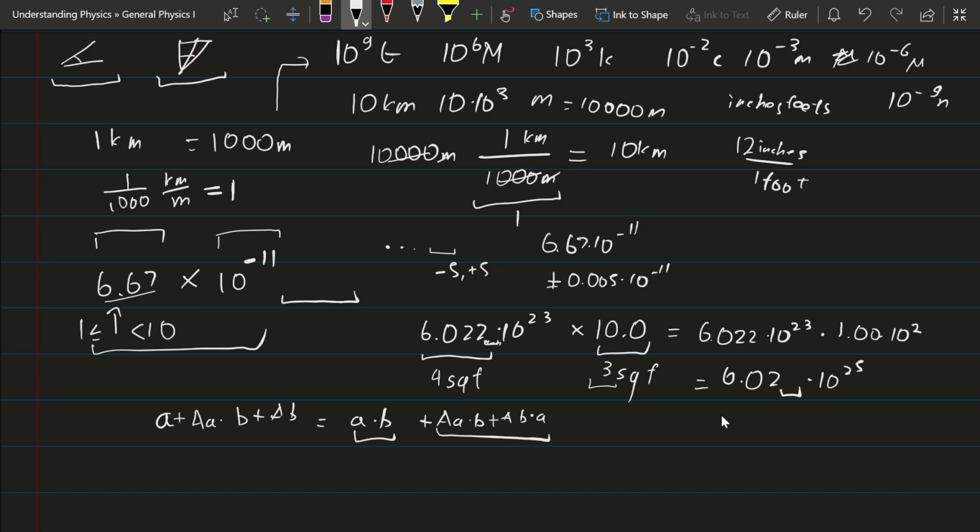And this is one of the reasons why significant figures must be maintained, because if you don't maintain significant figures, you might miss out on some things.